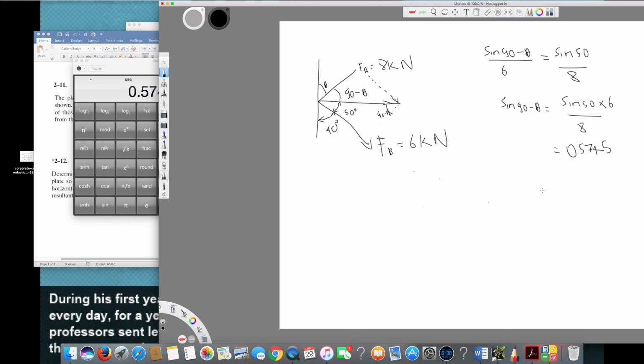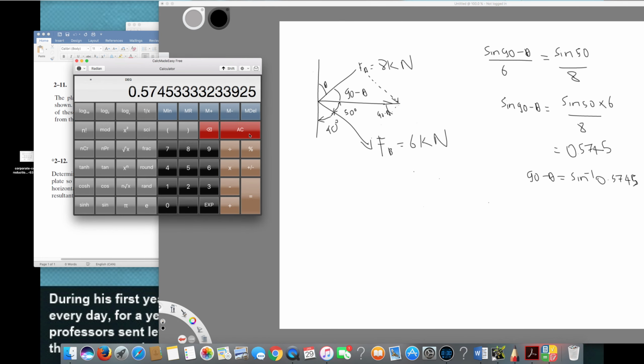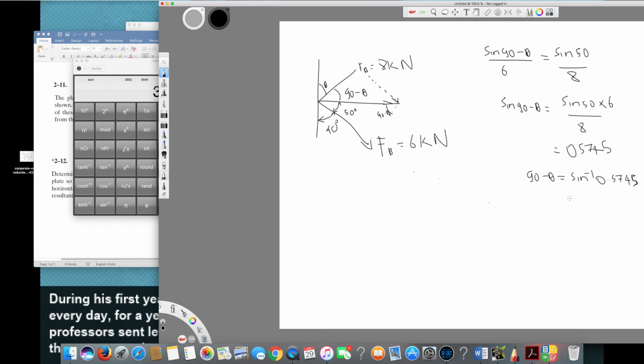So in order to find 90 minus theta, it's going to be sine inverse of this number. 90 minus theta is equal to sine inverse 0.5745, and the angle is 35.06 degrees.